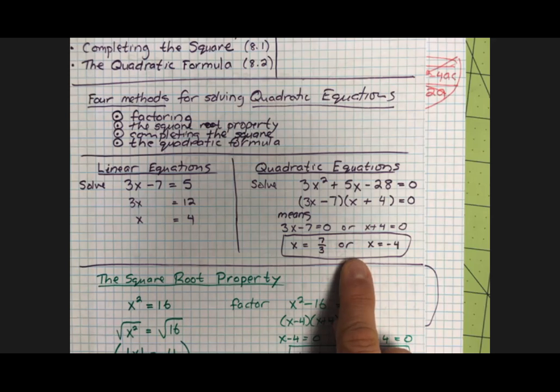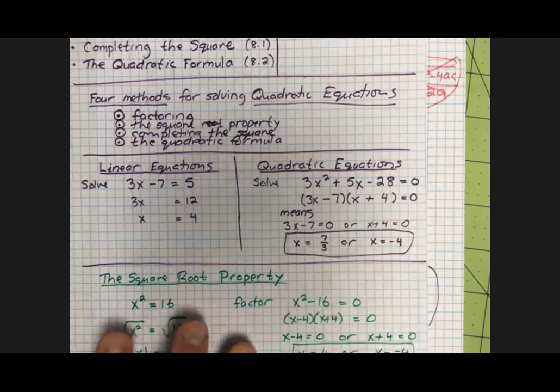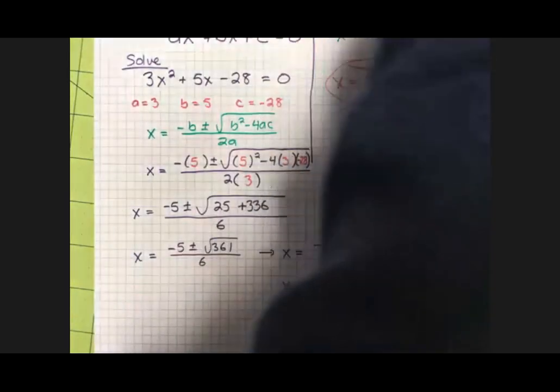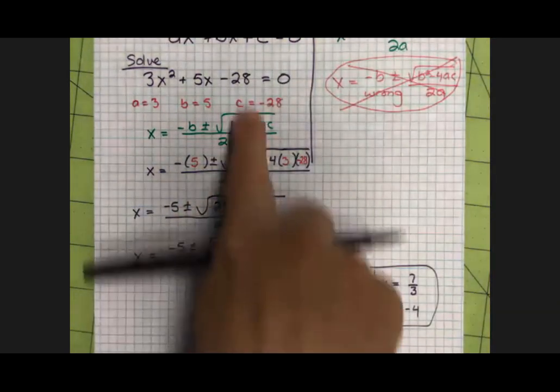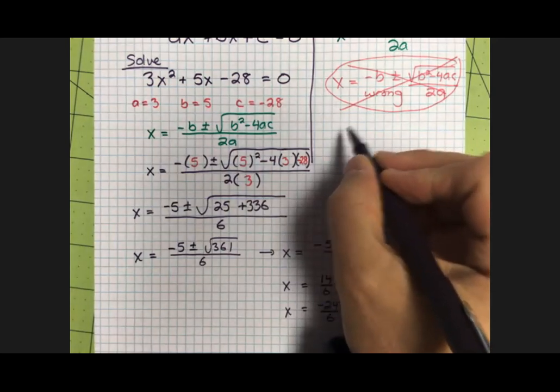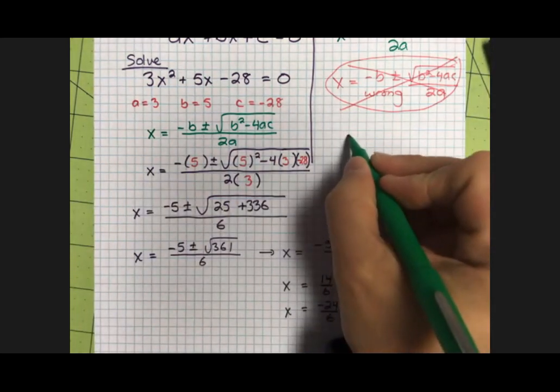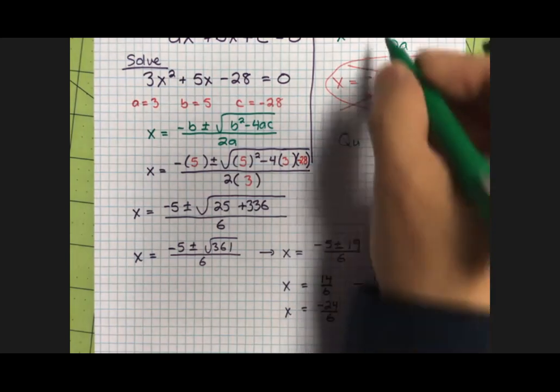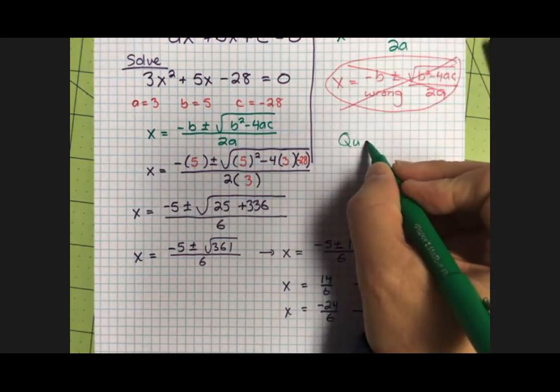You know, if someone wrote on your paper, just solve this quadratic equation any way you want to. If it factors, just factor, because that's the easiest and fastest. Some things don't factor. Okay, since some things don't factor, you got the quadratic equation, you got completing the square. But here's the good news again. Quadratic formula always works.